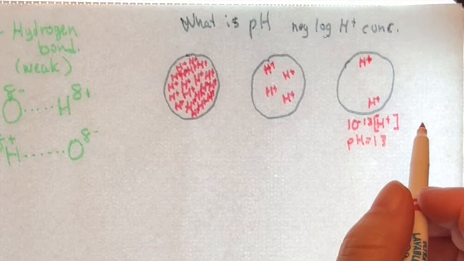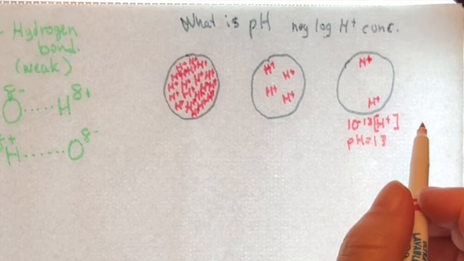And since pH is the negative log of the hydrogen ion concentration, this means that the pH of this particular solution is going to be 13. And to be clear, 10 to the minus 13 is an incredibly low number. It's like taking a decimal point and adding 13 zeros onto the decimal point and then adding a 1 at the end. It's a very, very low hydrogen ion concentration.